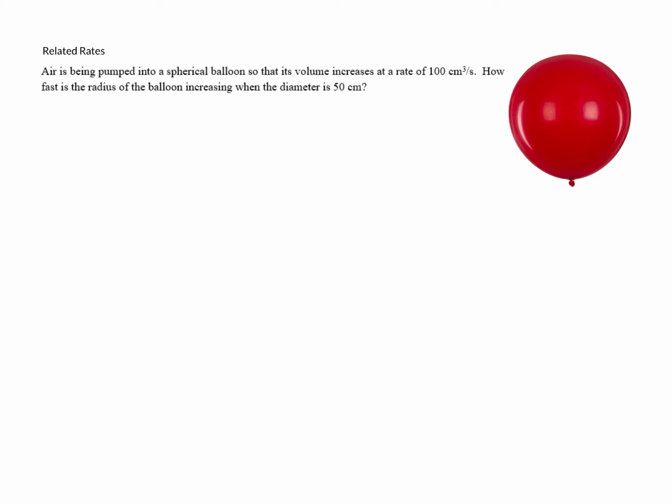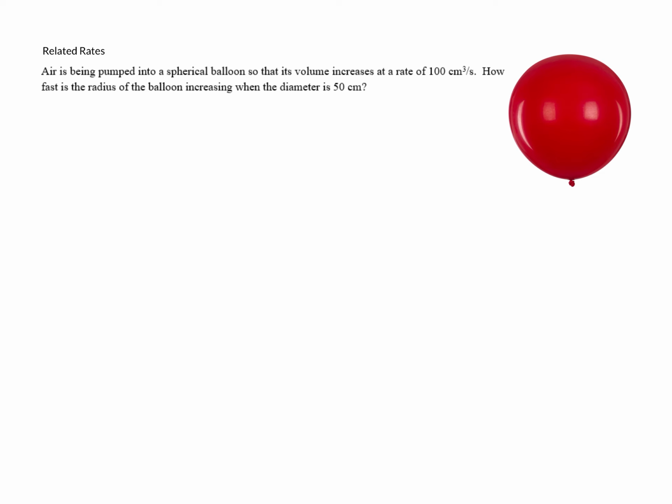Air is being pumped into a spherical balloon so that its volume increases at a rate of 100 cubic centimeters per second. How fast is the radius of the balloon increasing when the diameter is 50 centimeters? So we're told that the volume is increasing at a rate of 100 cubic centimeters per second.